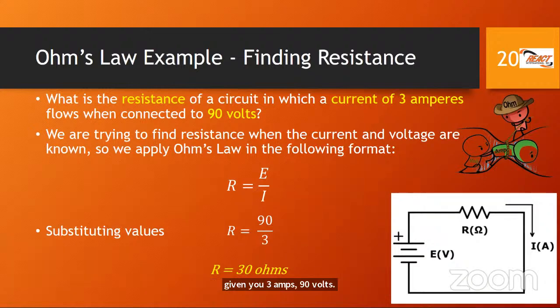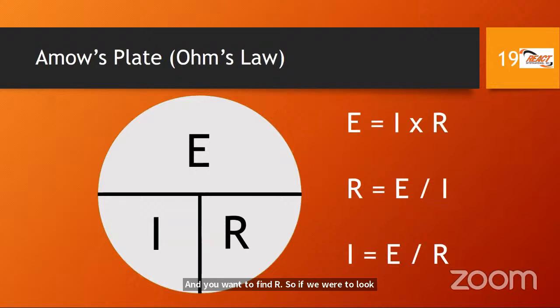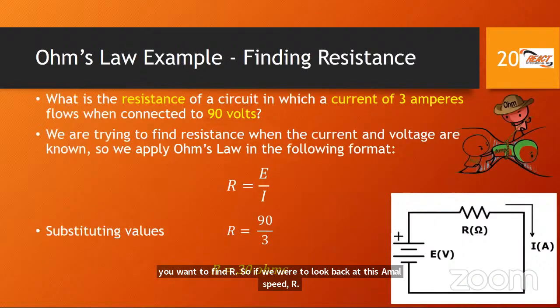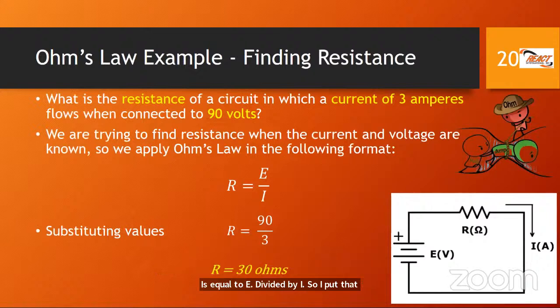If we look back at this Amal's plate, R is equal to E divided by I. So I put that down, and then I substitute for E and I. I know what E is: the voltage, 90 volts. I know what I is: the current, which is 3 amperes.